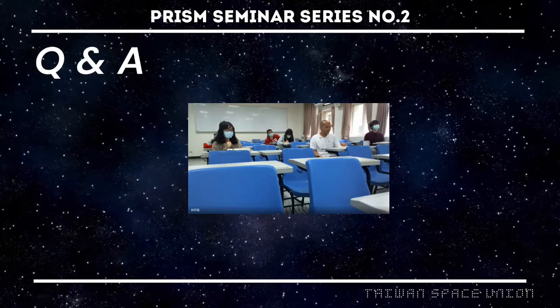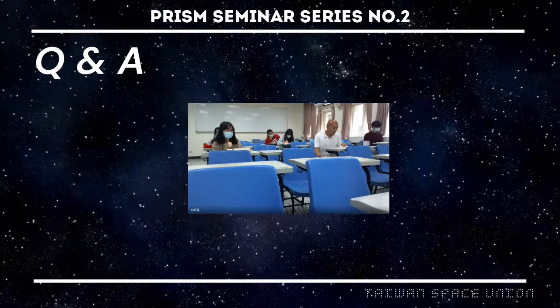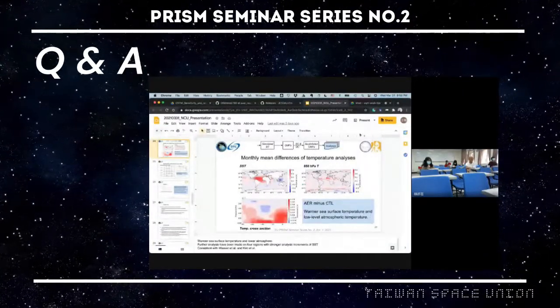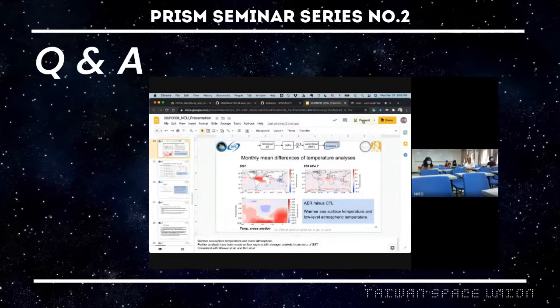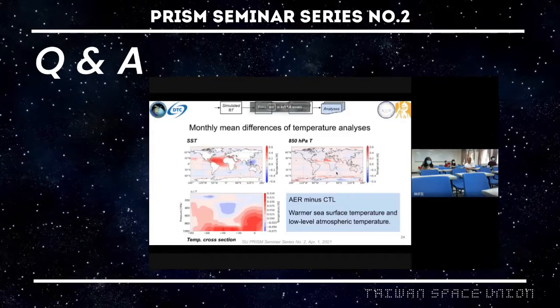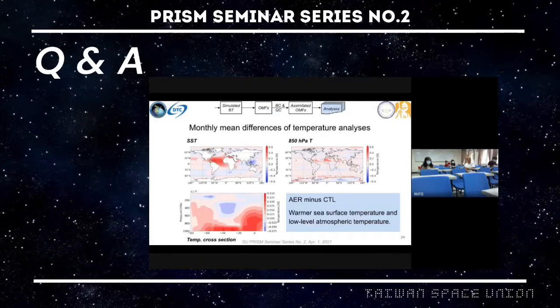Largest impact, especially warm impact in the Atlantic for the dust. But West Pacific, such as the Philippines, is cooling. I'm not sure if that is the reason. One region is majorly due to dust, and the other region is due to sea salt.